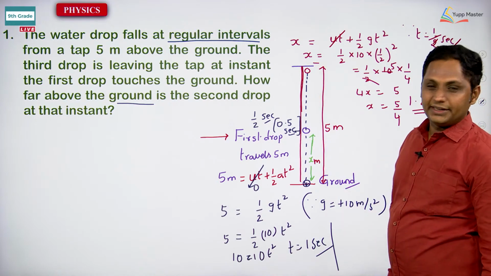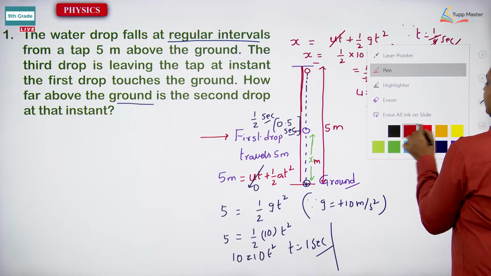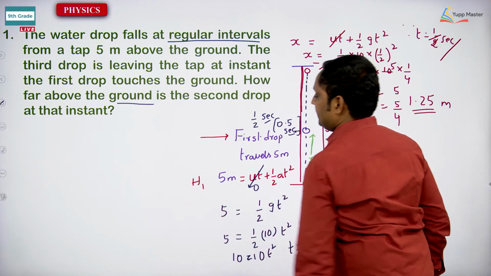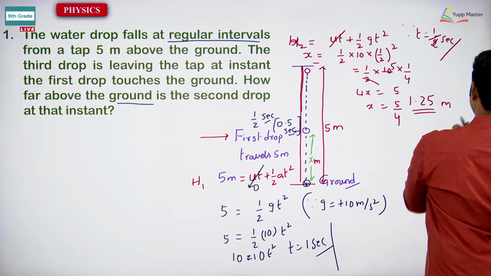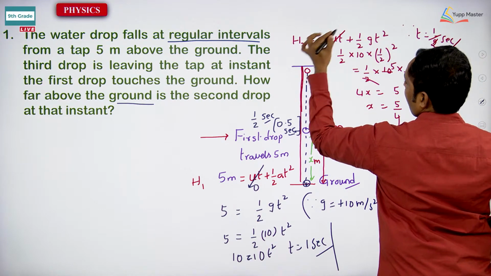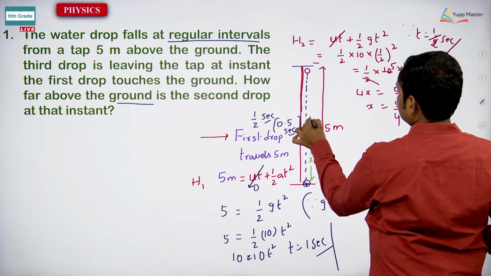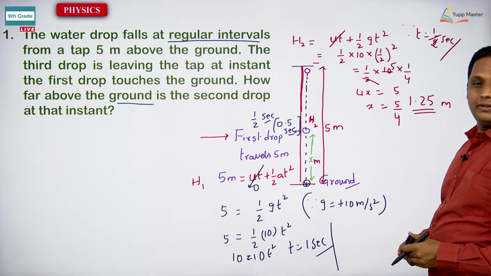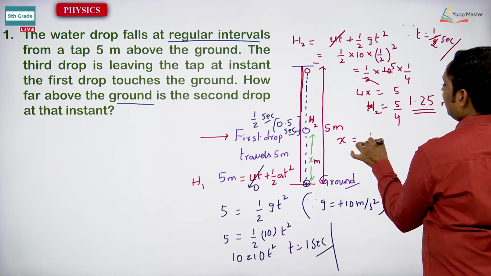So, for the first drop, the distance calculated is h1, and for this one we take h2. Subtracting, x is equal to h1 minus h2.